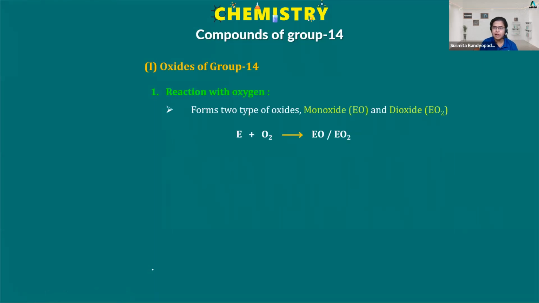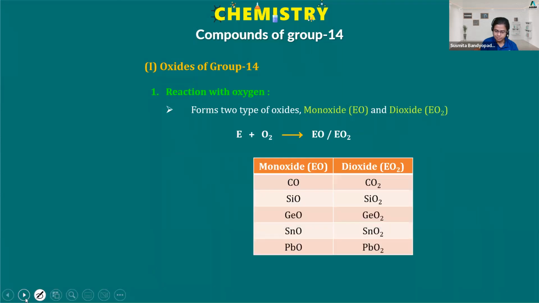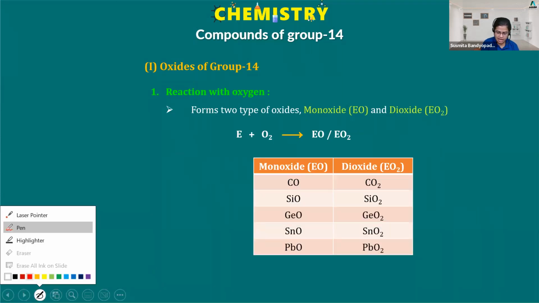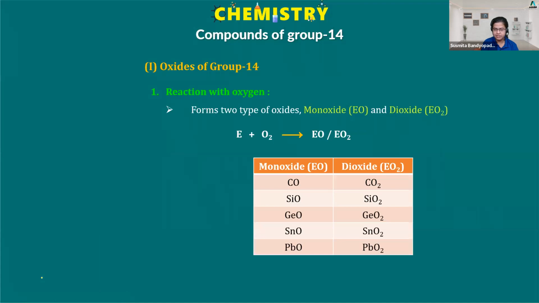Students, just think about carbon. It can form two types of oxides: monoxide and dioxide. I would like to know one thing here. The nature of CO, acidic, basic, neutral? Neutral. Neutral, agreed.